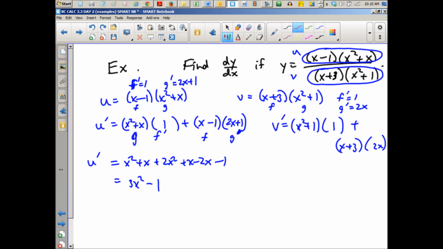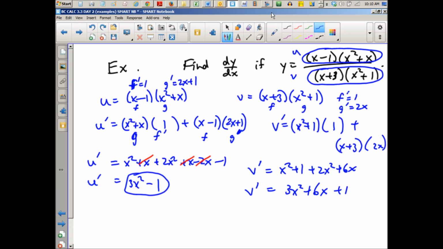In other words, this and this made 2x, and cancel with that. So it's 3x squared minus 1. And v prime can be simplified to be x squared plus 1 plus 2x squared plus 6x. In other words, 3x squared plus 6x plus 1. Okay, so hang on to these.